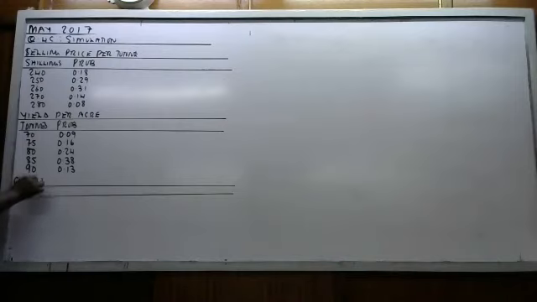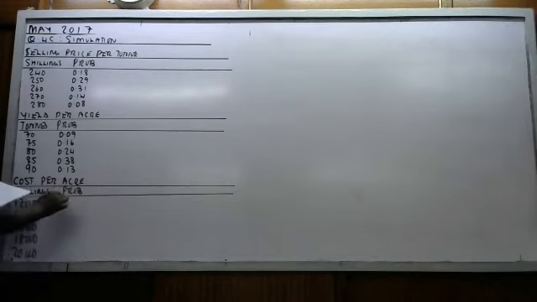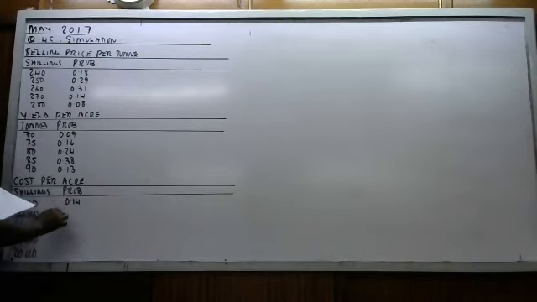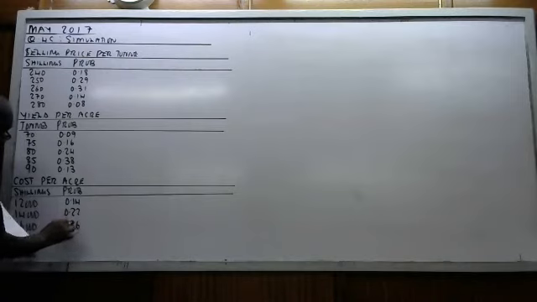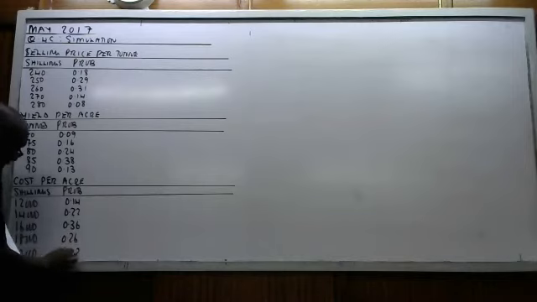Then we have cost per acre. These are shillings: 12,000, 14,000, 16,000, 18,000, and 20,000. Then we have probabilities 0.14, 0.22, 0.36, 0.26, 0.02.